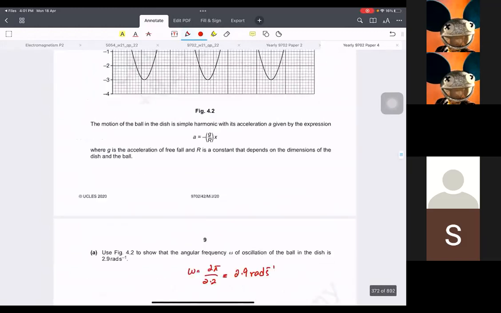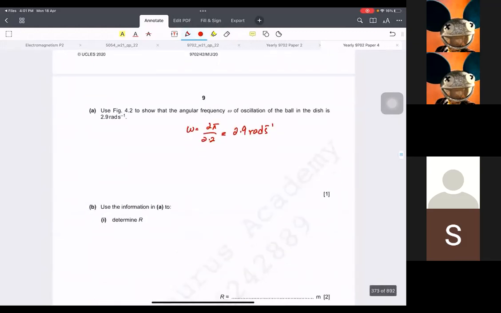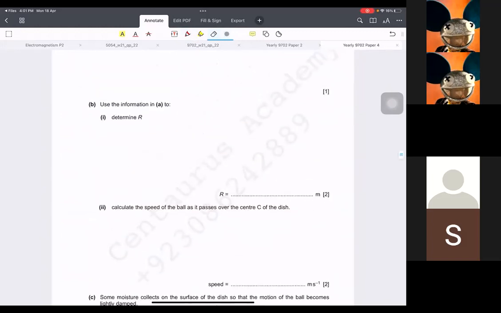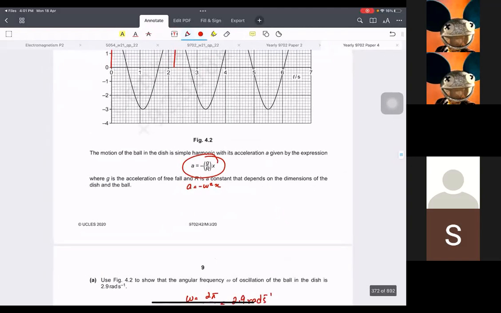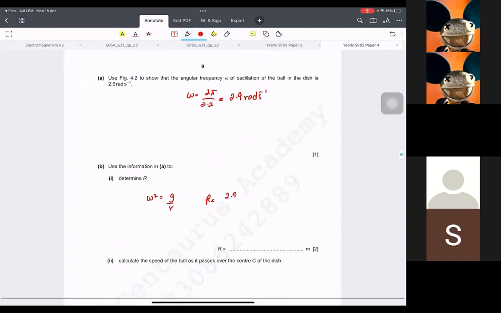Use the answer to determine R. So we have the equation, which should be equal to minus omega square R. So omega square equals G upon R. R will be 2.9 whole square over 9.81.